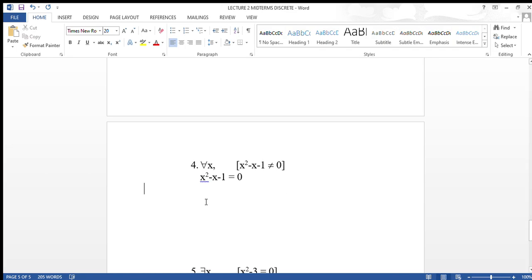We cannot factor this because you can try factoring. You will not be able to factor this because if you will try to factor, what are the factors of x squared? x and x. What are the factors of minus 1? Minus 1 and positive 1. So if you will try to use those factors, you will not get the middle term. Therefore, if we will now solve this, we can use what we call the quadratic formula.